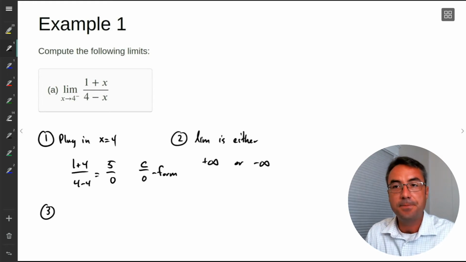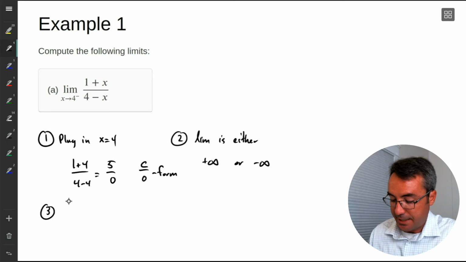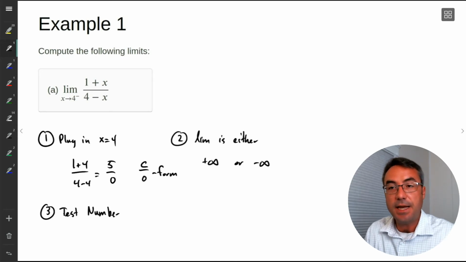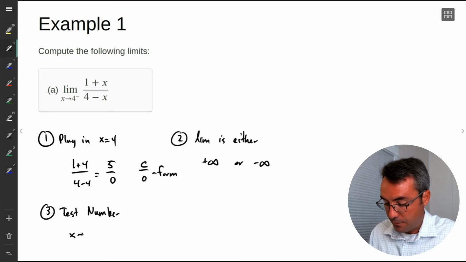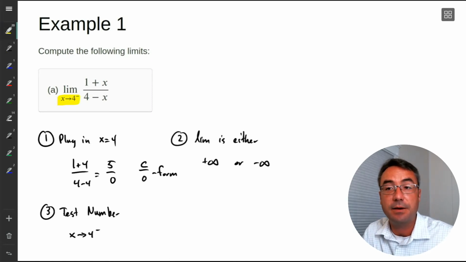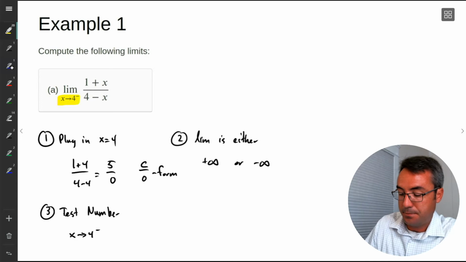So step 3 is we're going to use a test number to figure out if the result is positive or negative. So since x is approaching 4 from the left, if we look at our limit notation here, the test number that we have to pick has to be close to 4, but slightly smaller.